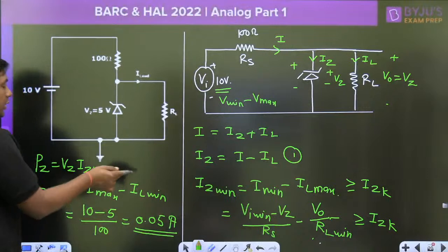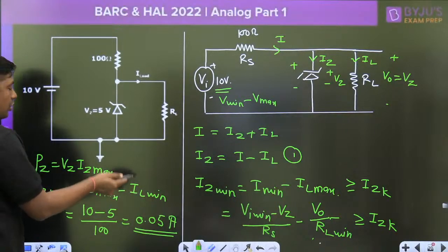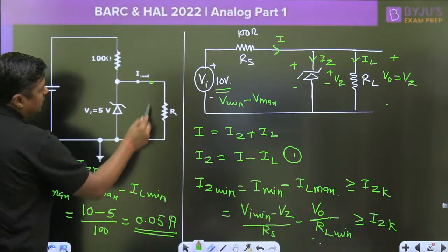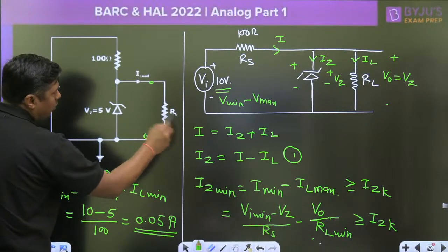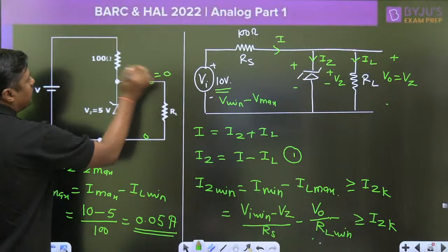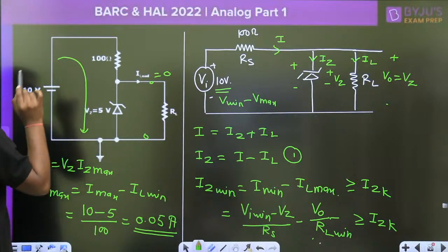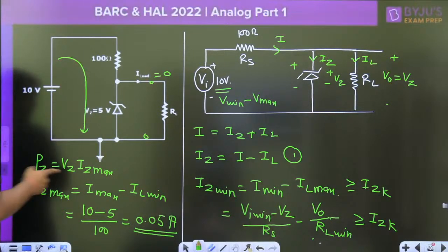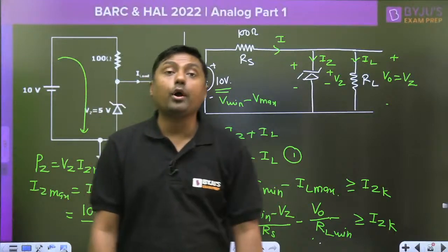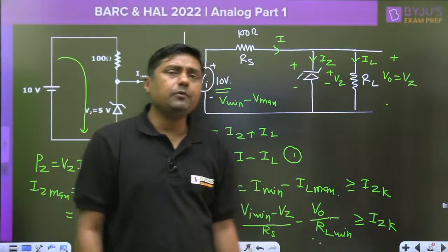0.05 ampere. Why are you taking the IL minimum 0? Because once the user removes the RL, this current will become 0, and the complete current will pass through what? Zener diode. Complete current will pass through the Zener diode, and that maximum current is what? 0.05 multiplied with VZ.